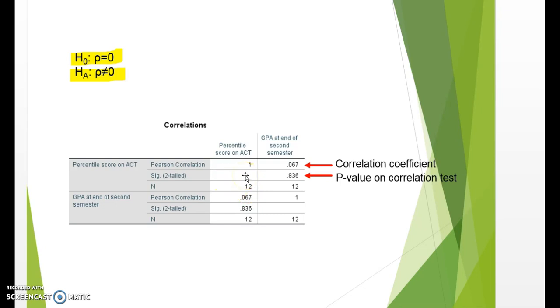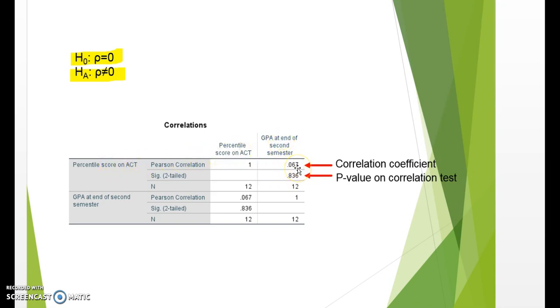And when we look at the correlation, these numbers represent correlation coefficients. If you check percentile score on ACT with itself, of course the coefficient is going to be 1. And then GPA at the end of second semester and percentile score on ACT, this is the actual correlation coefficient between these two variables.